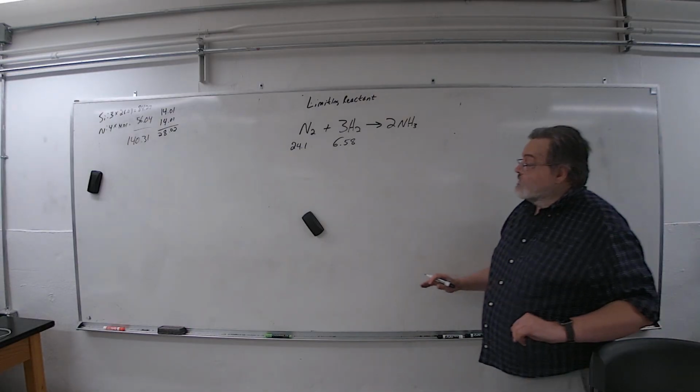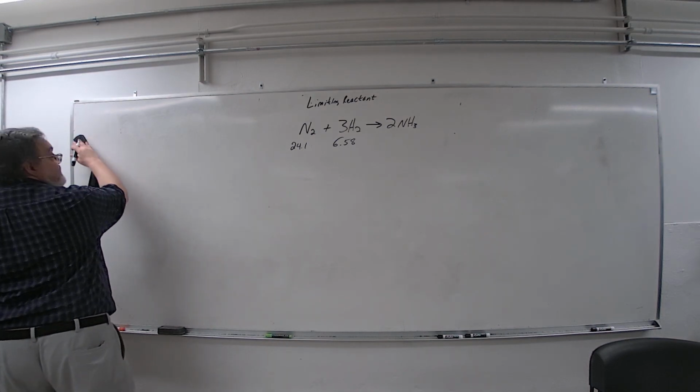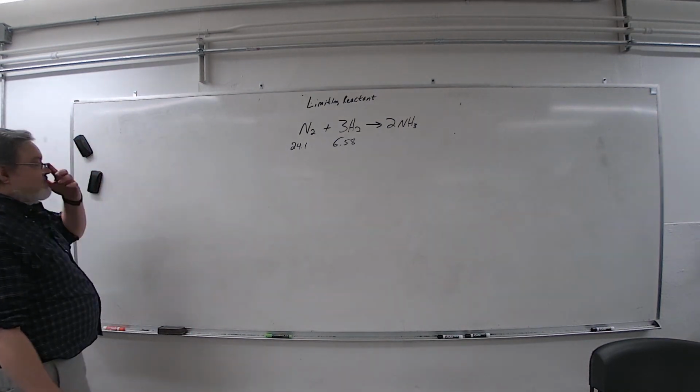So these are your amounts. And again, the question is, which one is limiting, which one is excess? Of the two reactants, one of them will be limiting, the other one will be excess.